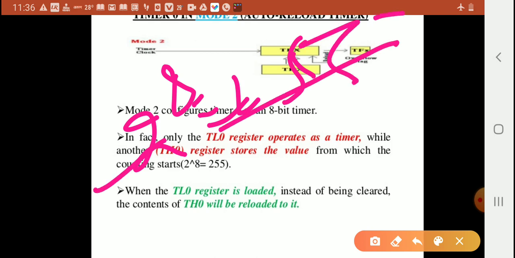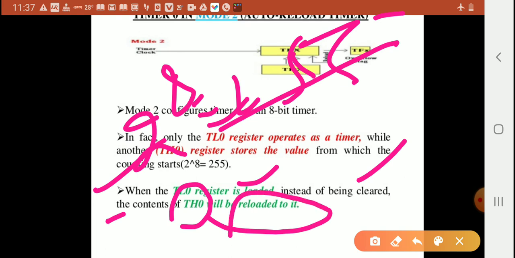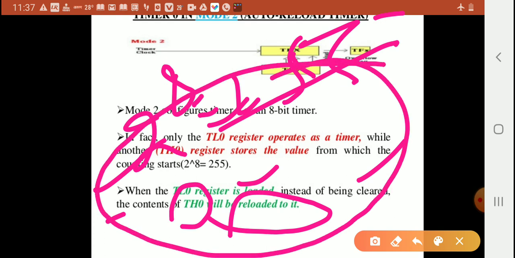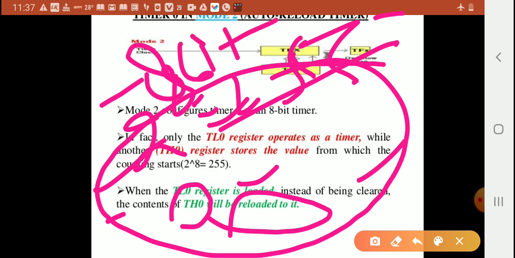When the TL0 register overflows, instead of being cleared, the contents of TH0 will be reloaded into it. So timer 0 in mode 2 is totally 8-bit, and timer 0 in mode 0 is a total 13-bit.